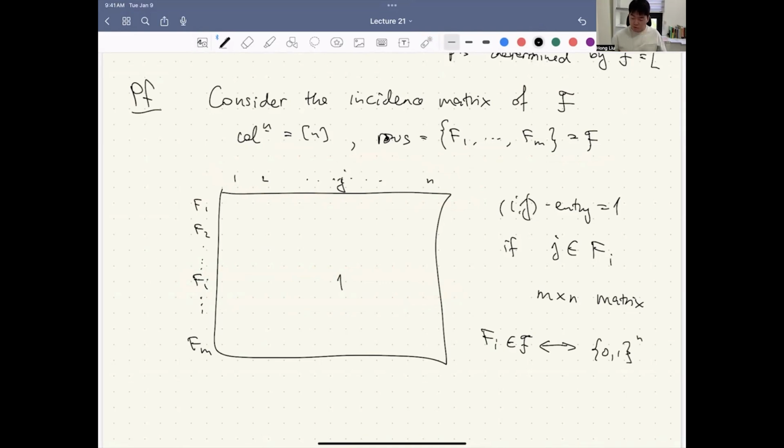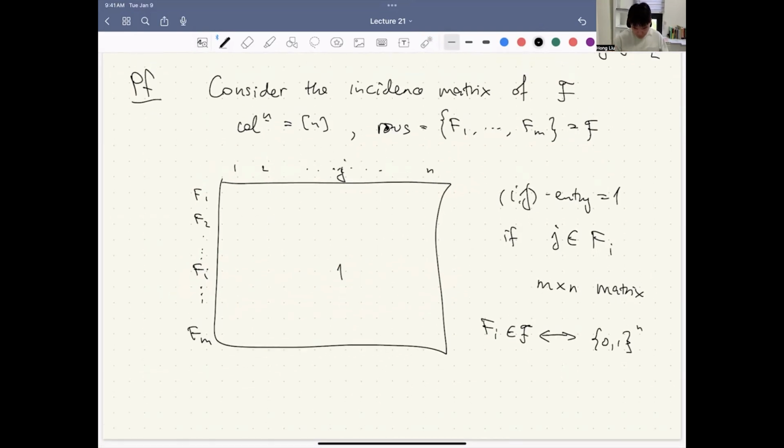If we can prove these indicator vectors are linearly independent, we are done.